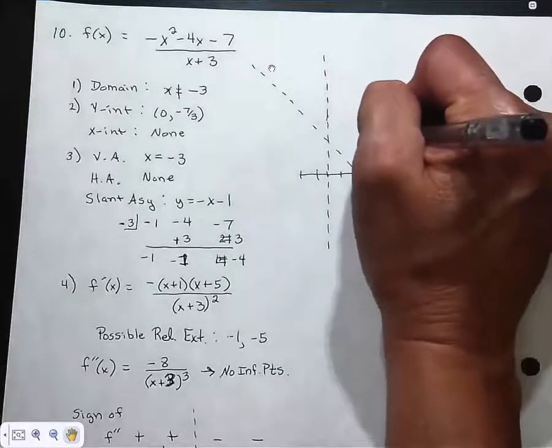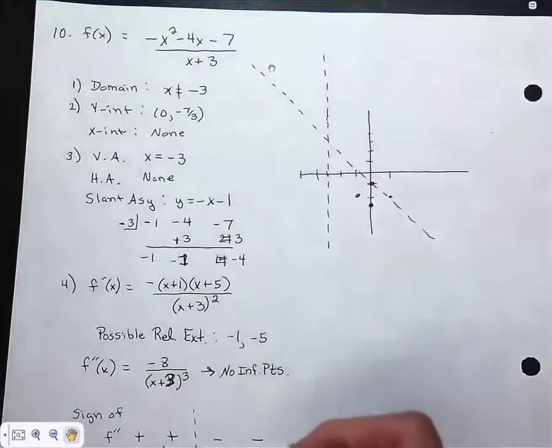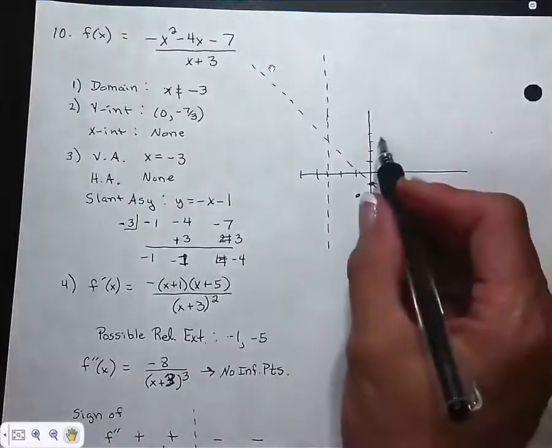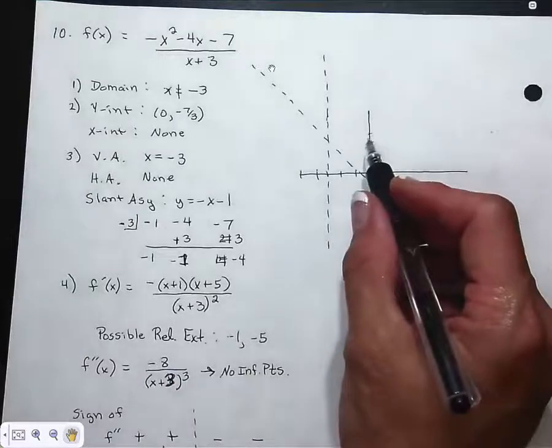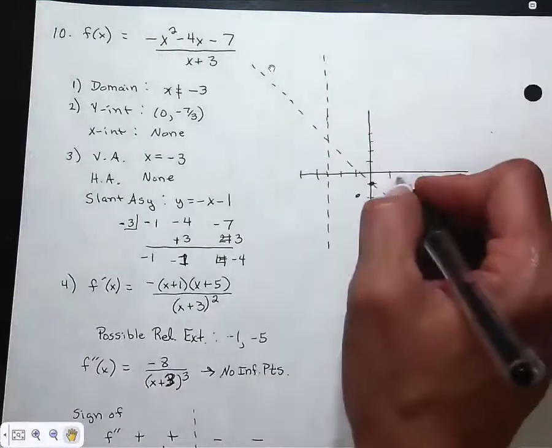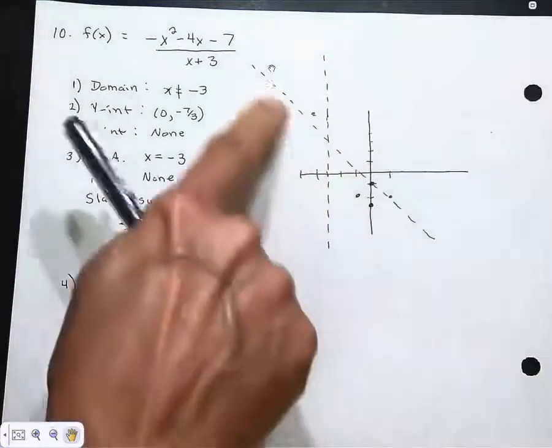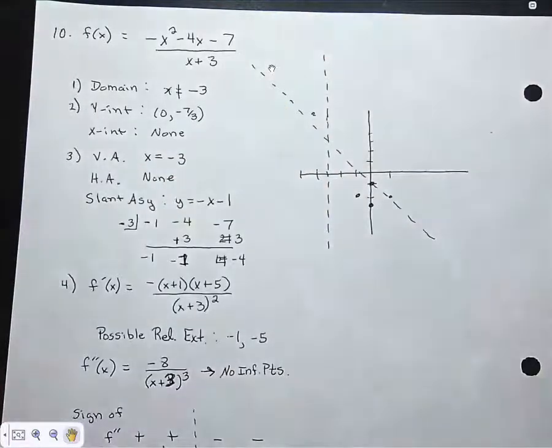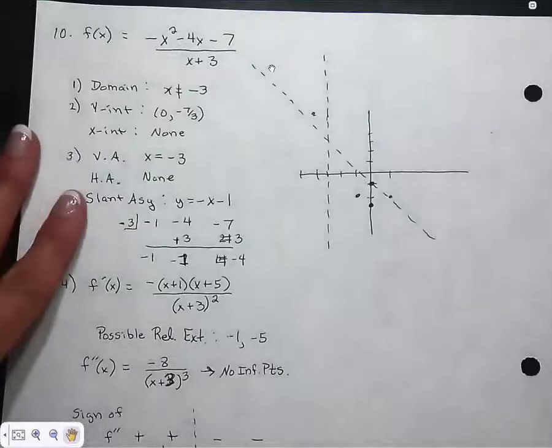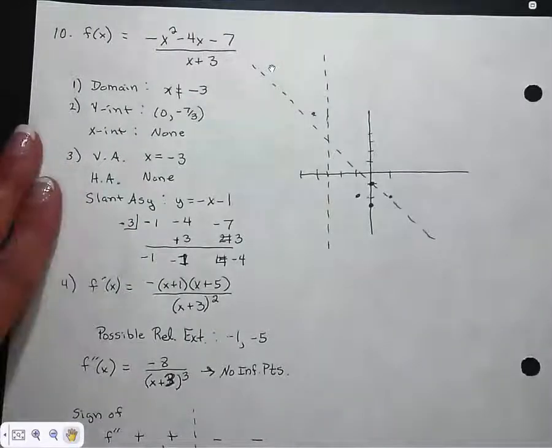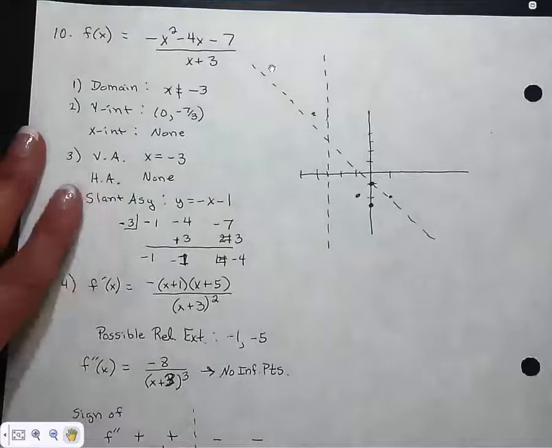This could be a little bit tricky without graph paper. Because I've already done it, I know that negative 5, 6 is in this part right here. That'd be much easier to do with graph paper, and precisely you could tell it's a little bit above the slant asymptote, not a little bit below. Any other points? Nope, that's all my points.